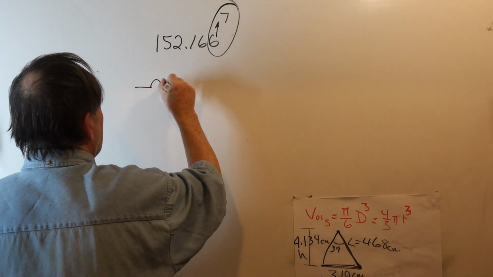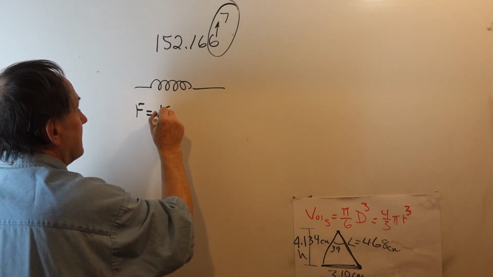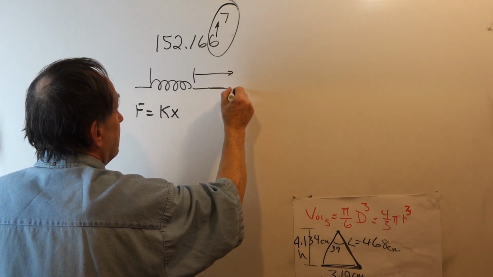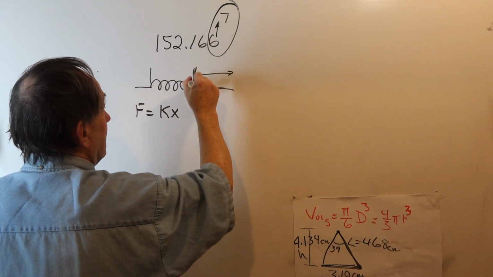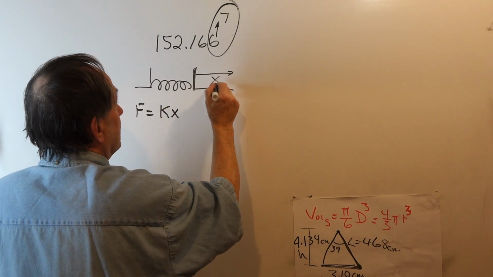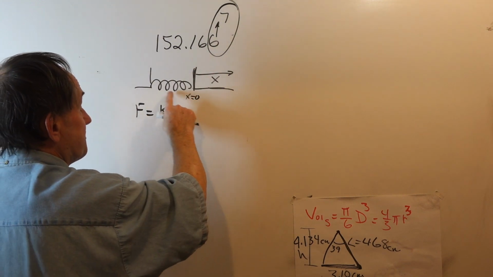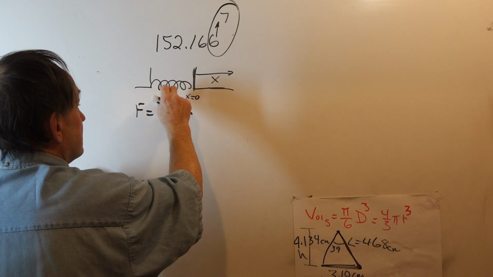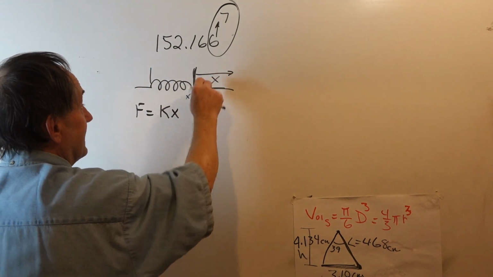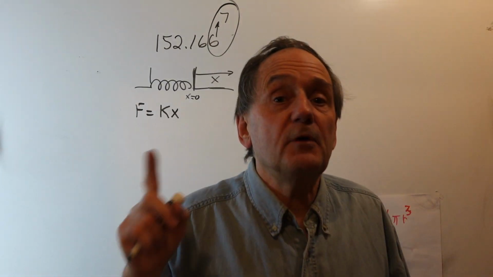We have force equals kx, where if we start stretching the spring out from its equilibrium position, x equals 0, and go a distance x, then the force that the spring exerts in trying to pull back is linearly related to the distance that you stretch the spring, within limits.